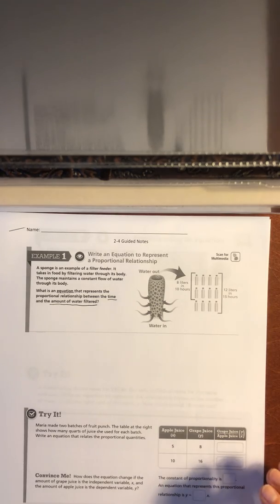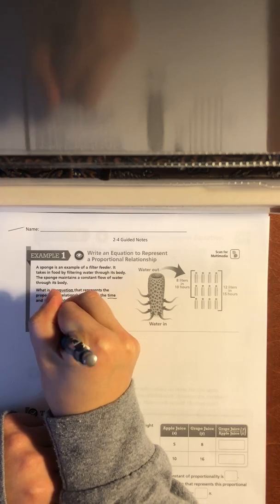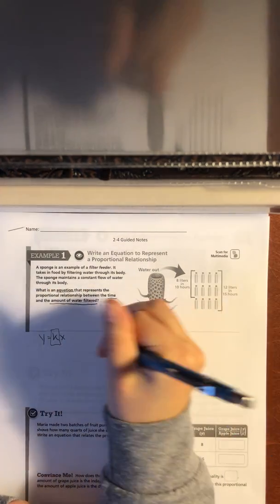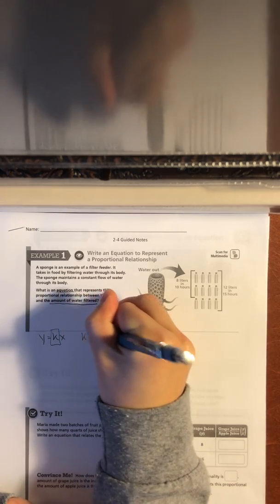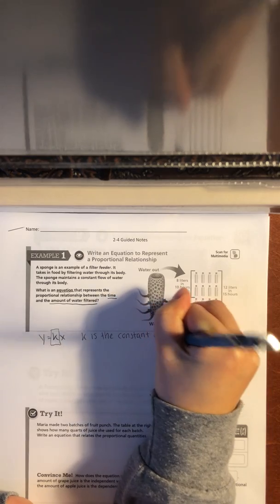So now the equation we're going to be using for this entire lesson is y equals kx. K is your constant of proportionality.